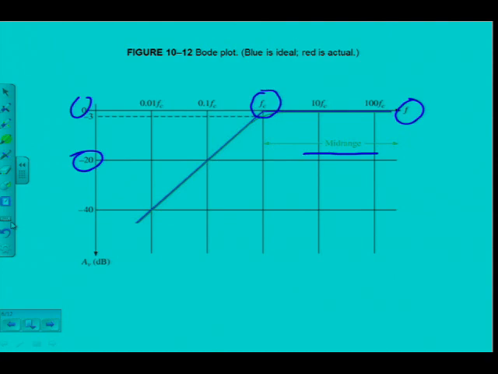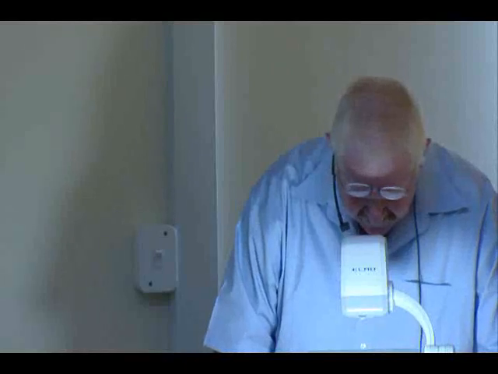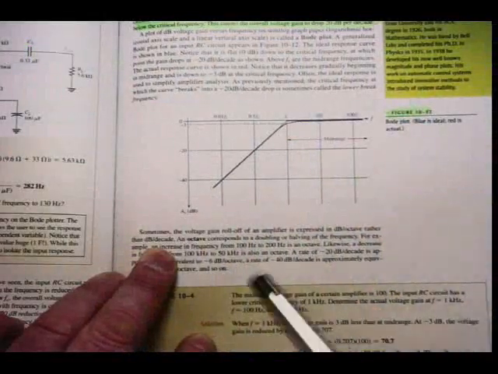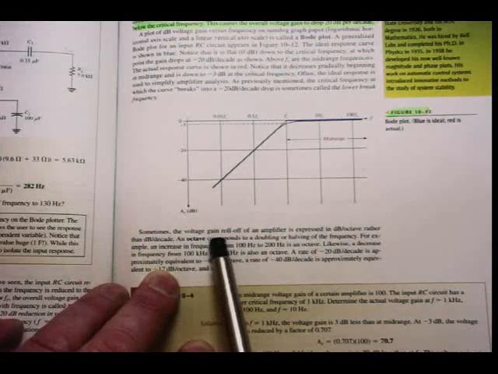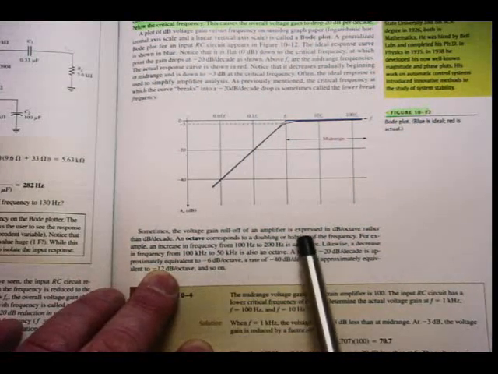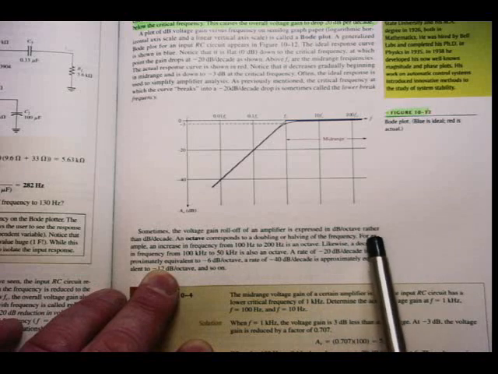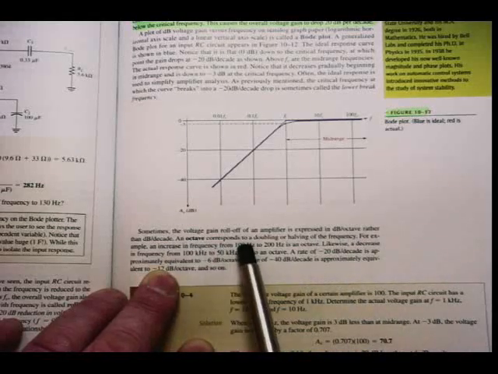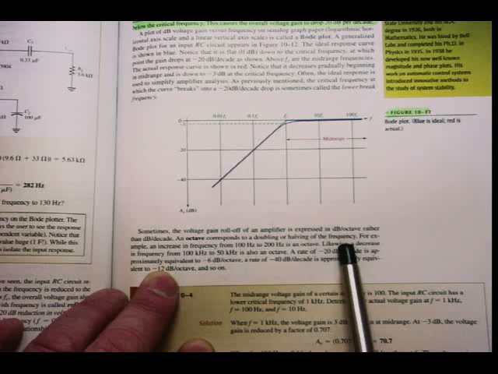Alright, I also didn't underline this. I see now that I've missed it. Just below figure 10.12, it says there, sometimes the voltage gain roll-off of an amplifier is expressed in dB per octave rather than dB per decade. An octave corresponds to a doubling or a halving of the frequency.